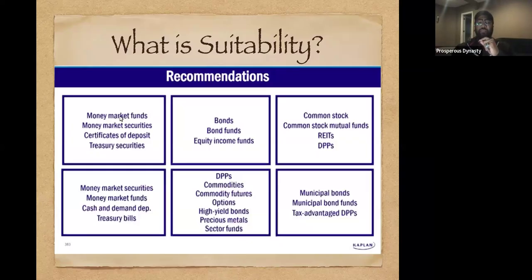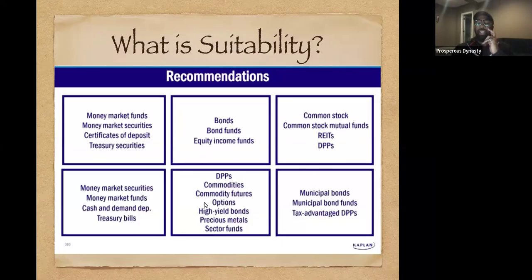So of course, when we talk about preservation of capital, we mean money market funds, money market securities, CDs, all the things we talked about. Then income: we talk about bonds, whether it's an actual debt instrument or a preferred stock. Then growth: you're looking at common stocks and common stock mutual funds. You'll read about REITs and DPPs a little bit later.